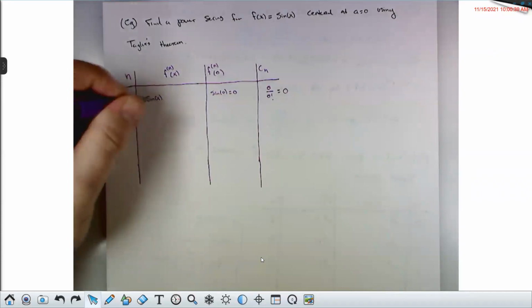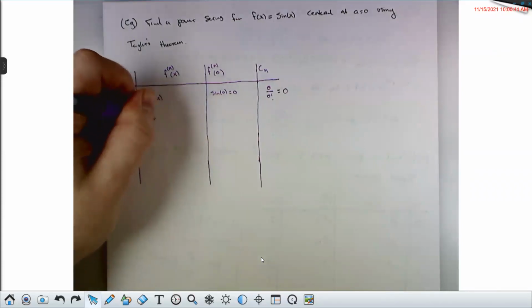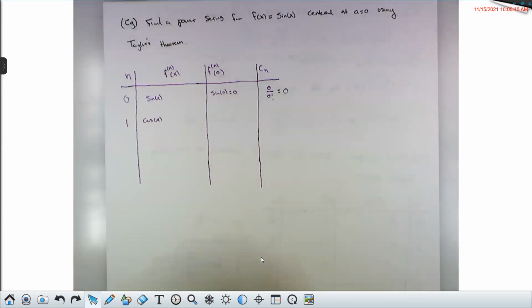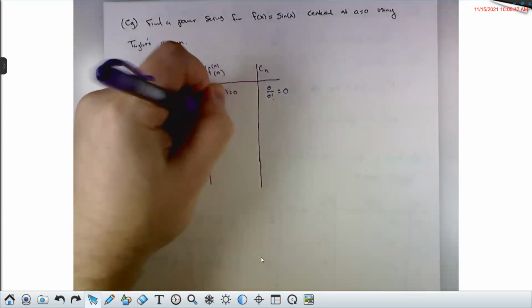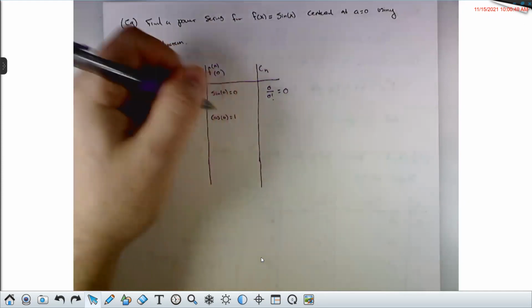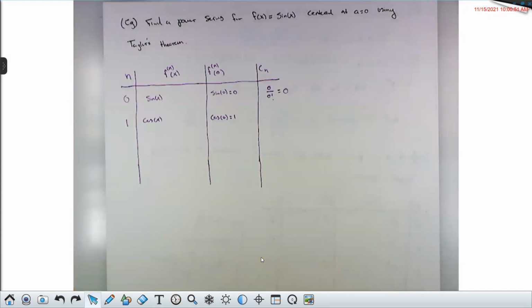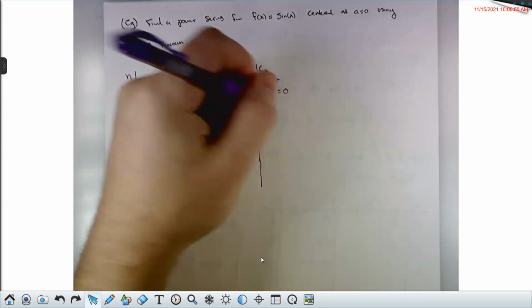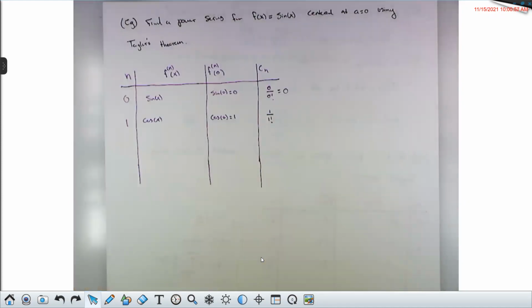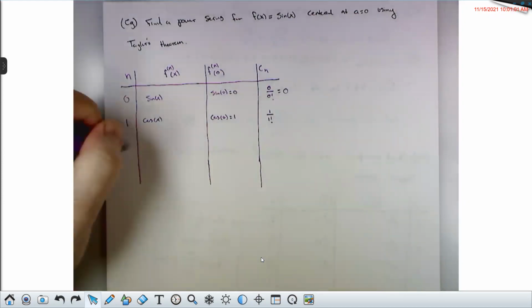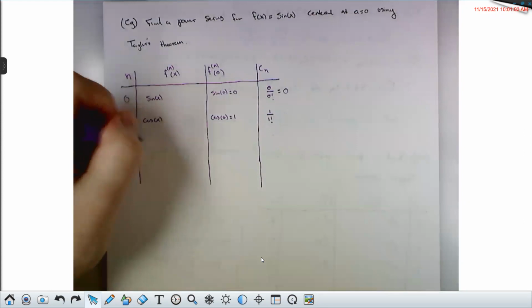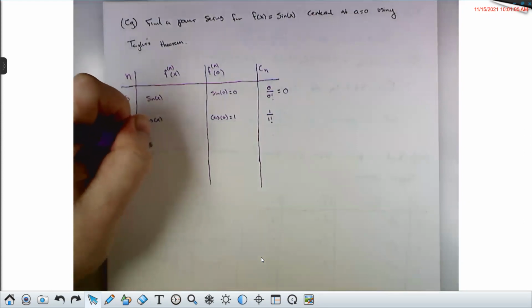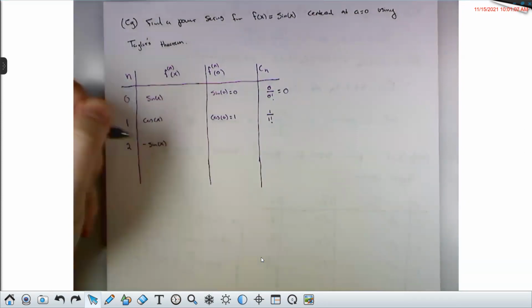Differentiating once, the derivative of sine x is cos x. Plugging in 0, cos of 0 is 1. So C1 would be 1 over 1 factorial, which I'll leave as that. Differentiating twice, the derivative of cos x is negative sine of x.